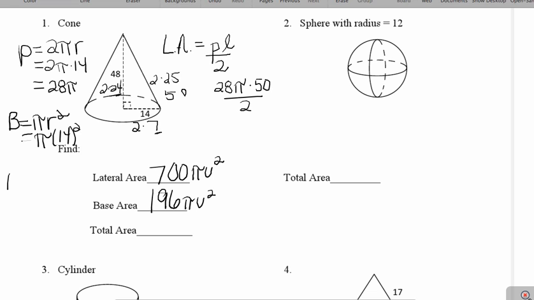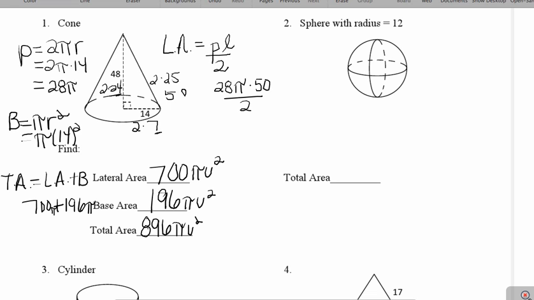And then finally, to find the total surface area of this cone, I just need to take the lateral area and add the area of that one base. So I'm just going to add those two numbers together, 700 plus 196 pi, to get my final answer of 896 pi units squared.